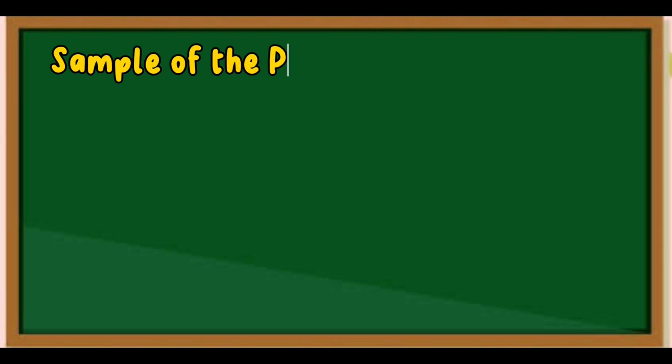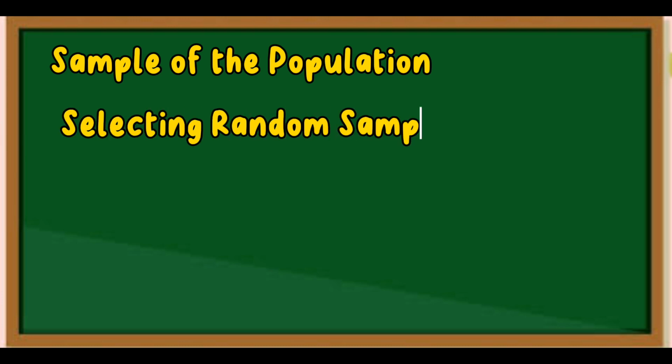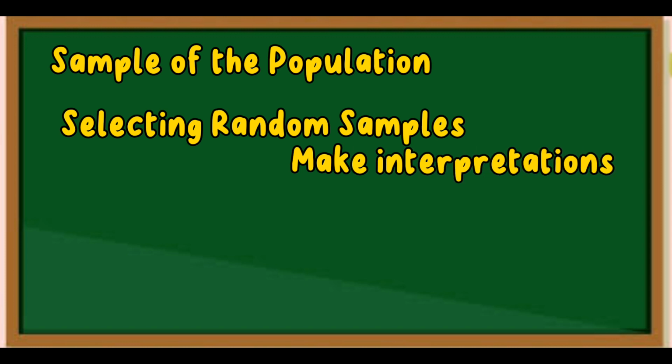We know that researchers get a clearer picture of the whole group being studied, even from a sample of the population. One can draw inferences about a certain population by carefully selecting random samples and using those data to make interpretations about the entire population.